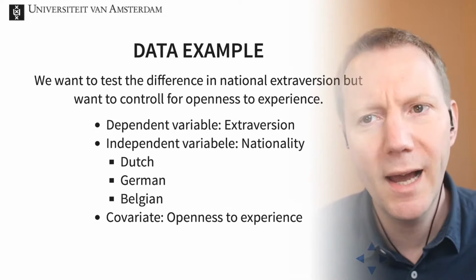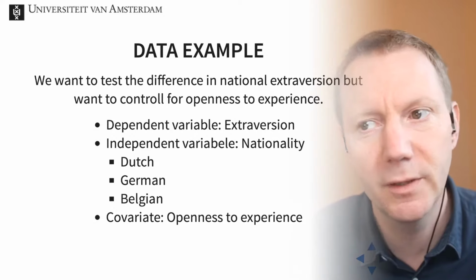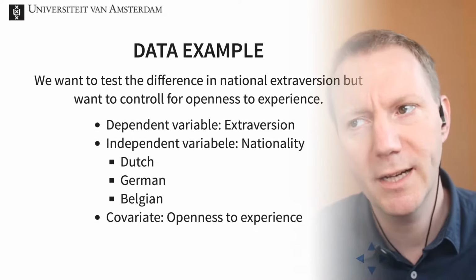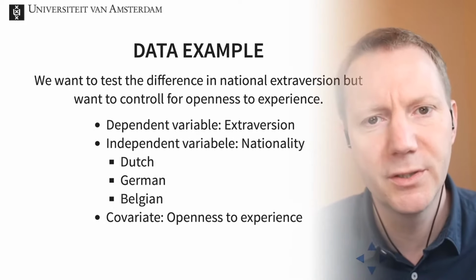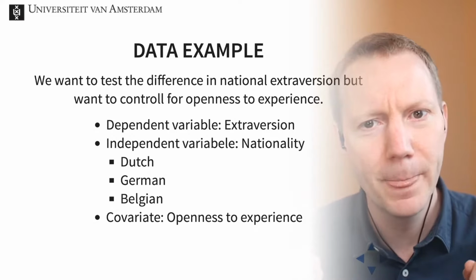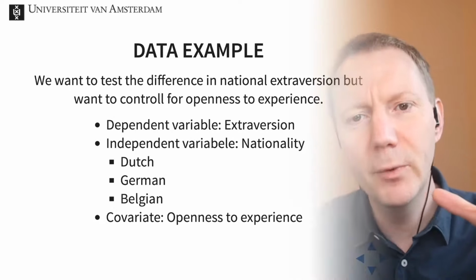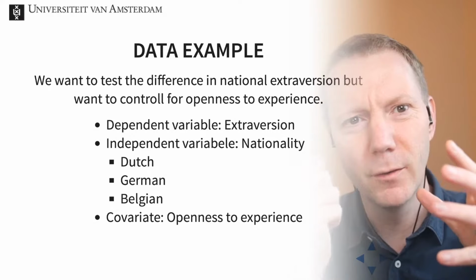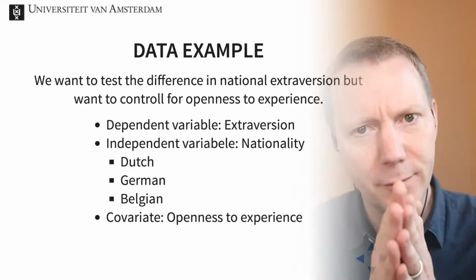So we would like to know if there's a difference between the nationalities of these three categories in extraversion, while correcting for openness to experience. So that is the goal: instead of having a clouded view of what is going on, we take that thing that we think might confound our results, and then we correct for it.